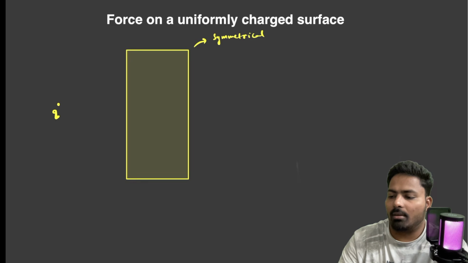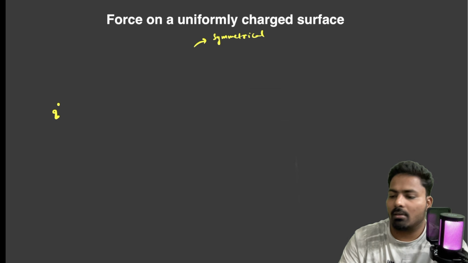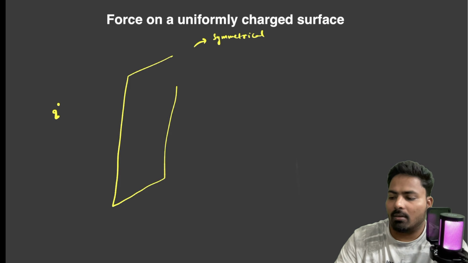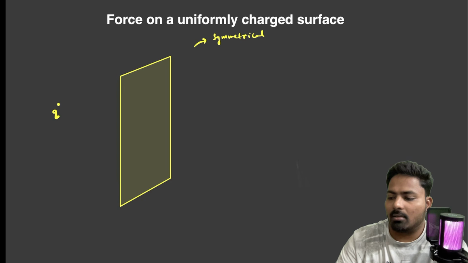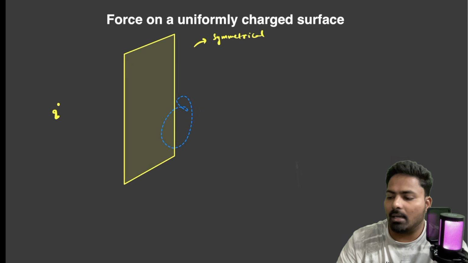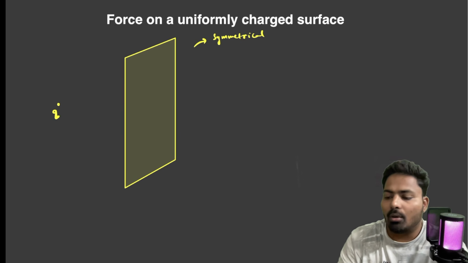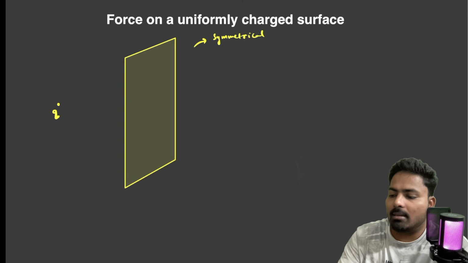So better let me draw this way, then it will be nice. So let's consider a sheet like this, which is symmetrical about this point charge q. Now let's say this has a surface charge density of sigma.